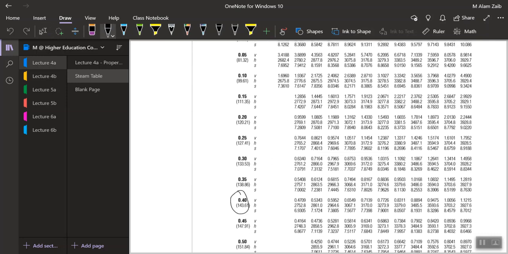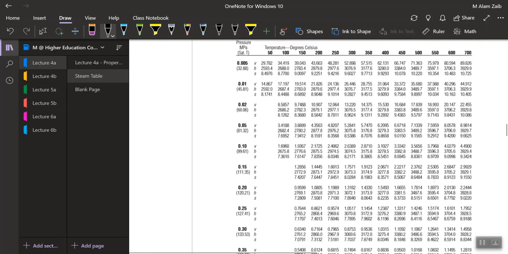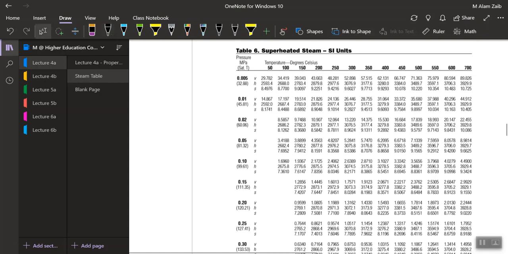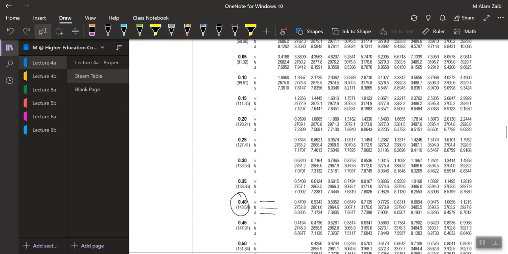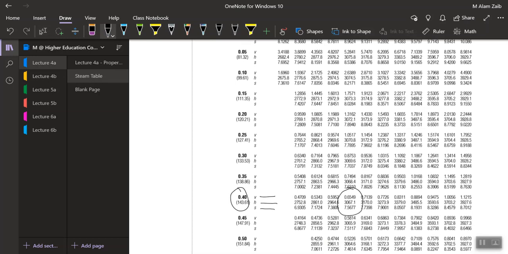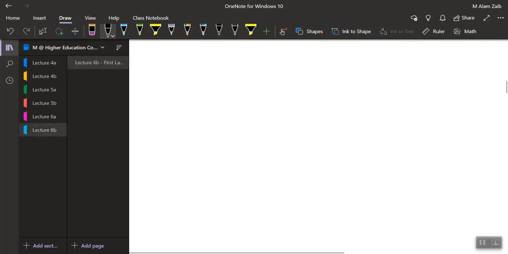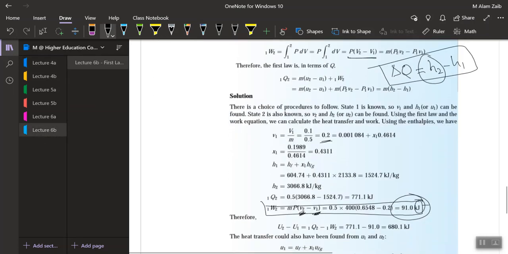If you check at 0.4 megapascal, we have volume here, enthalpy here, and entropy here. And at 300, the volume V2 is equal to 0.6549 and the enthalpy H2 is equal to 3067.1 actually.